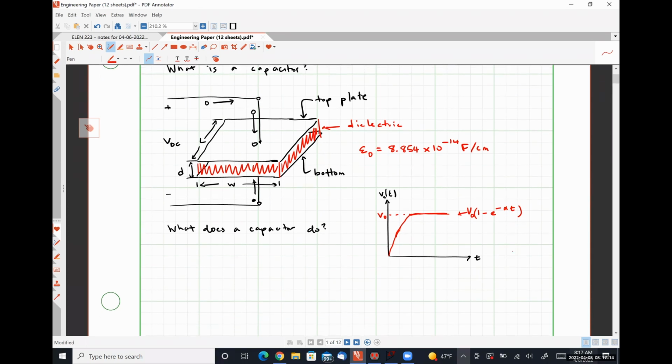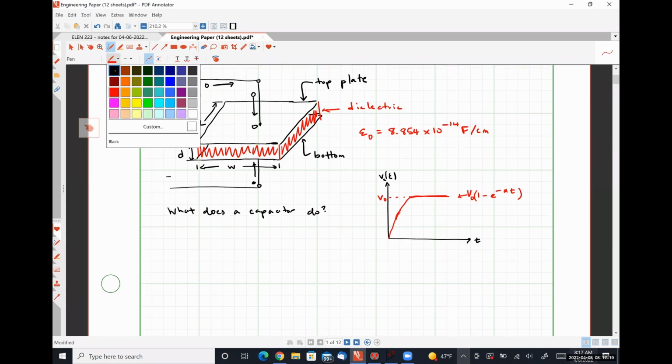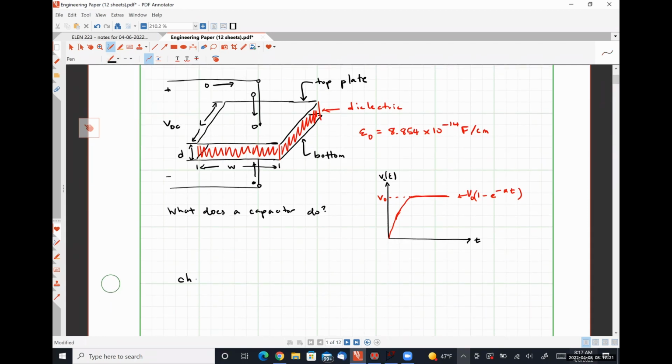So the charge that's stored on a plate, represented by the symbol Q, is equal to the capacitance of the plates, C, multiplied by the voltage that we apply to the plates.